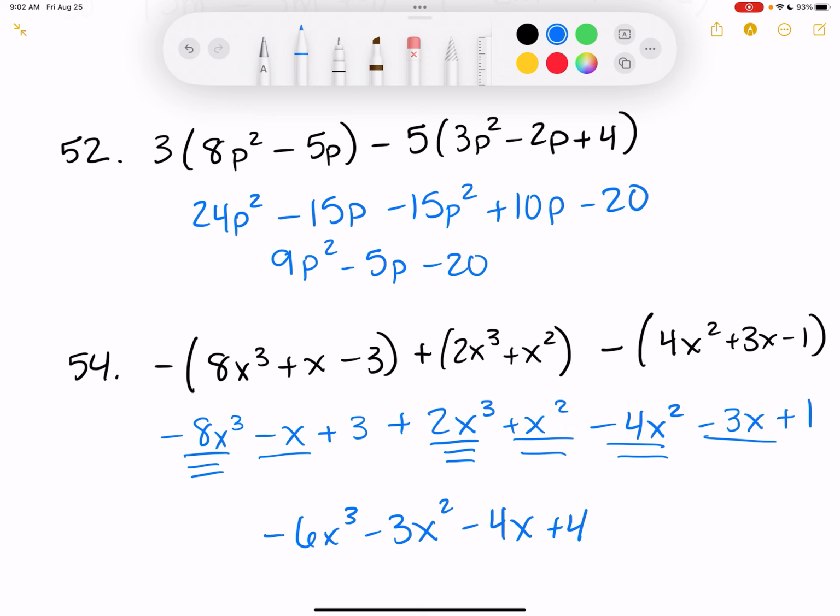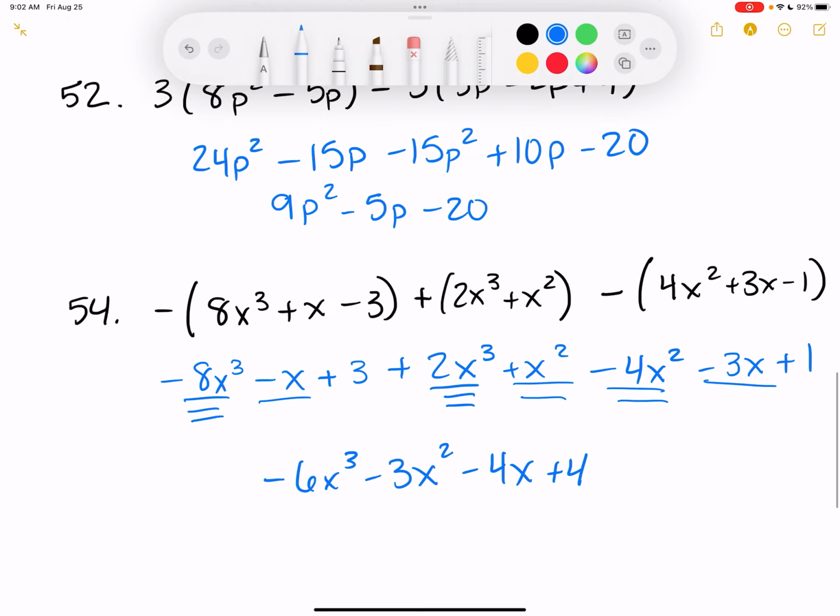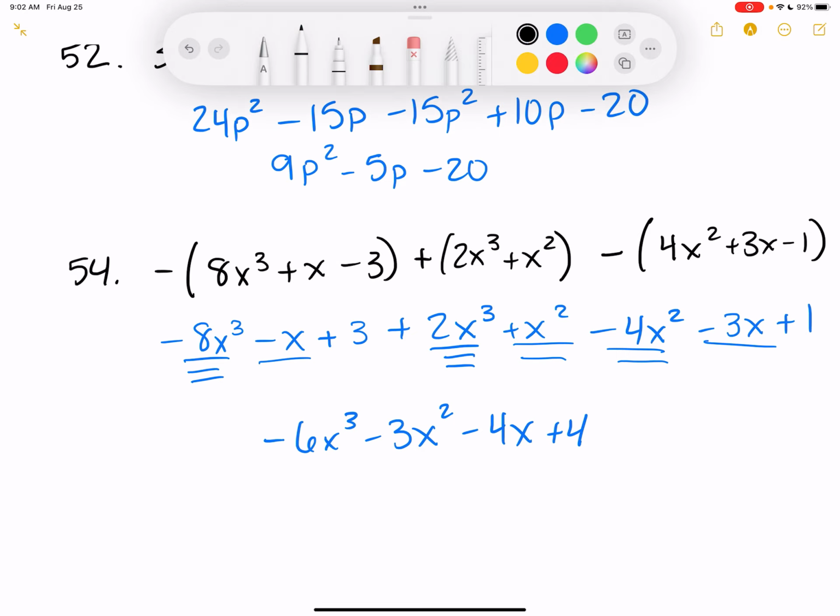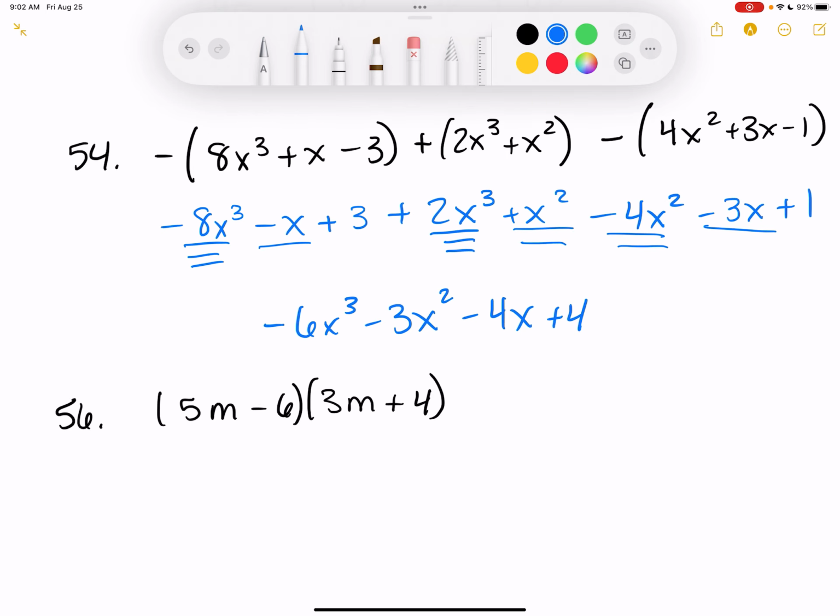So now we're going to be foiling, or sometimes super foiling, as I like to call it, when there's bigger things that are getting multiplied. Starting with 56, I have 5m minus 6 times 3m plus 4. So I FOIL.